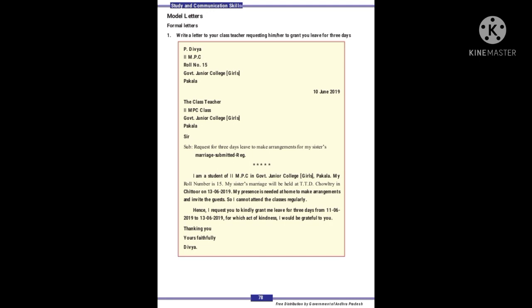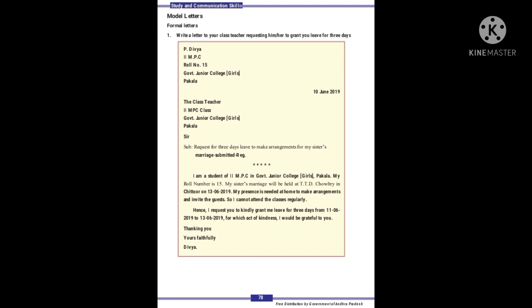And then leave a line and write subject. Request for 3 days leave to make arrangements for my sister's marriage. In formal letters, the subject should be mentioned. It should not be too long. You should only let the readers know the purpose of your letter.